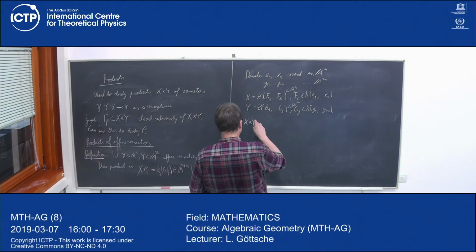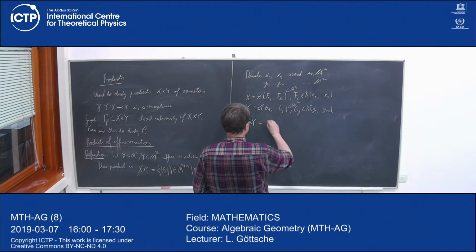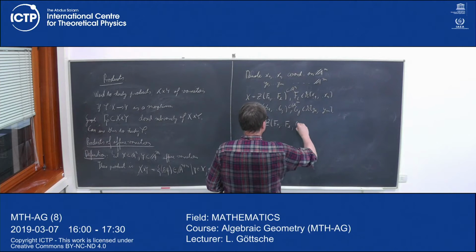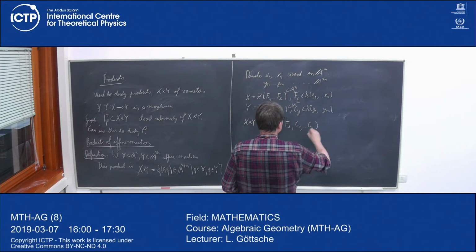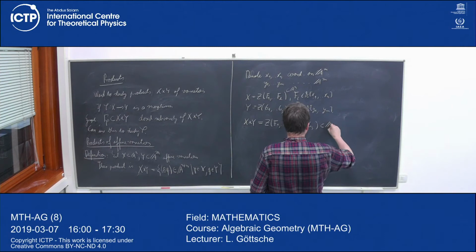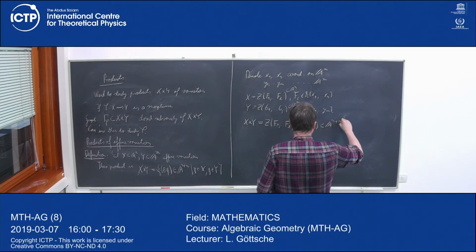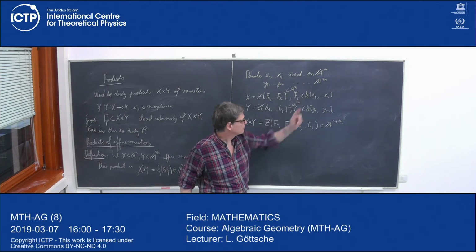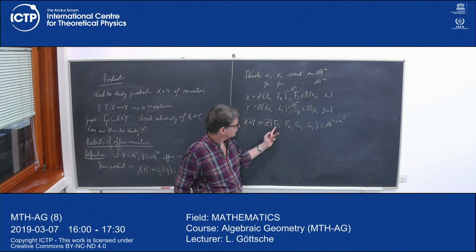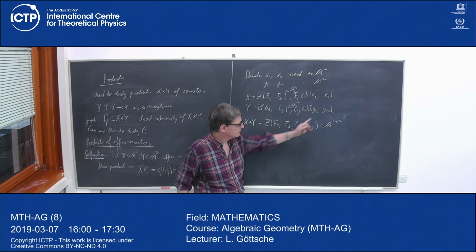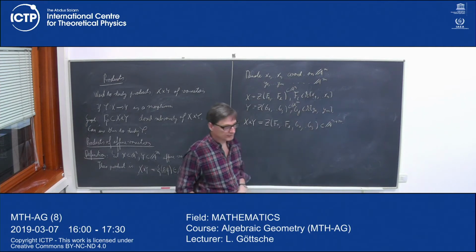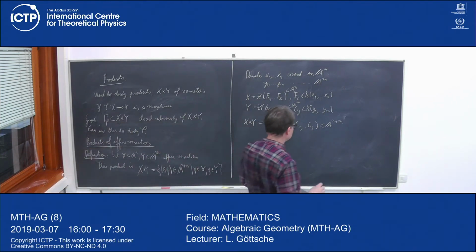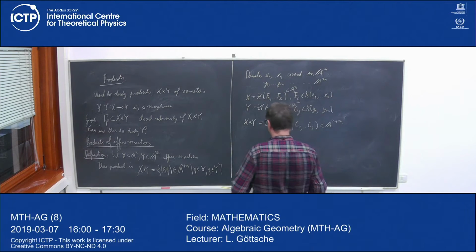So this is therefore the zero set of f1 to fl, g1 to gs in A^(n+m). Now obviously each of these is a polynomial just in x1 to xn, or just in y1 to ym, so I view it as a polynomial in all these variables which doesn't depend on the others, and so this makes complete sense. And this is obviously a closed subset.